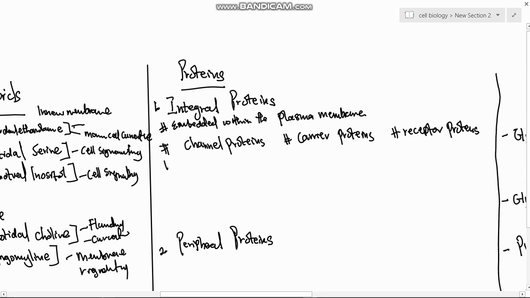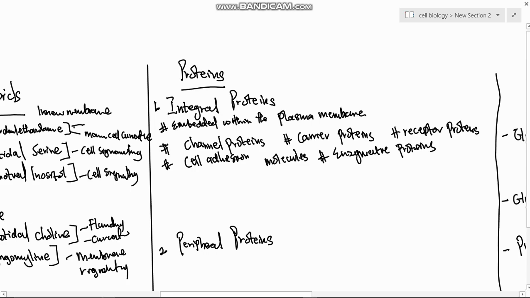Then we can talk about cell adhesion molecules, and maybe some enzymatic proteins.